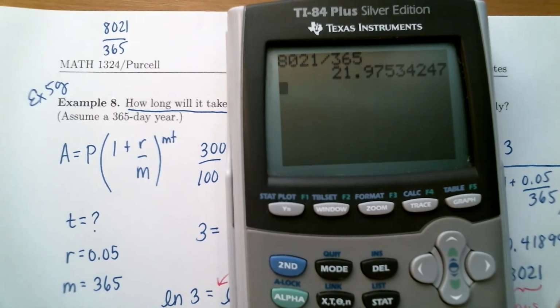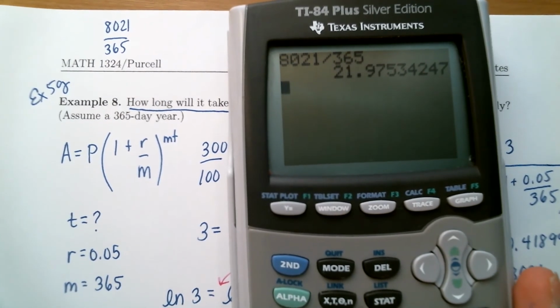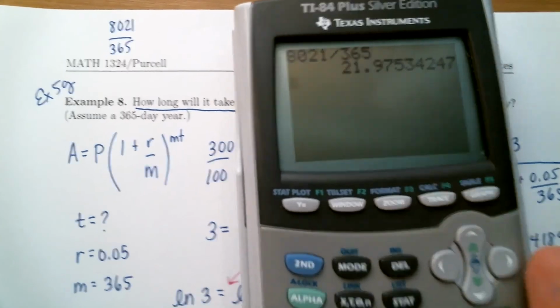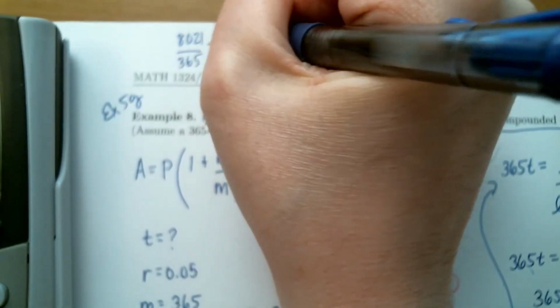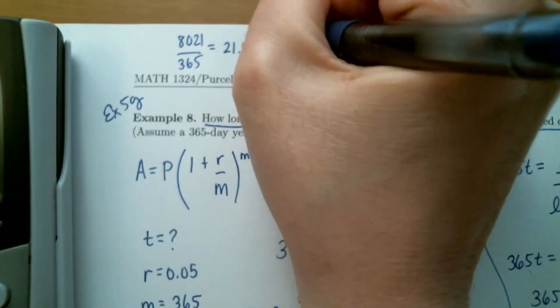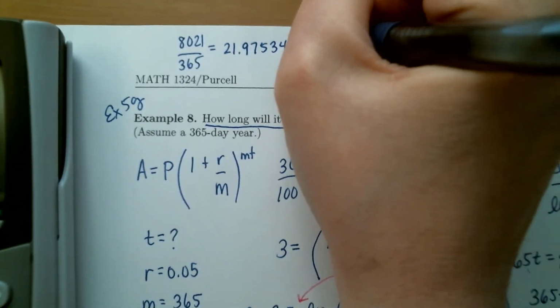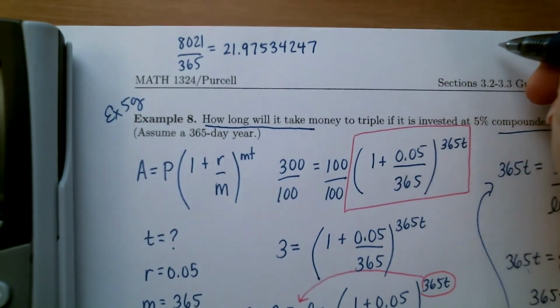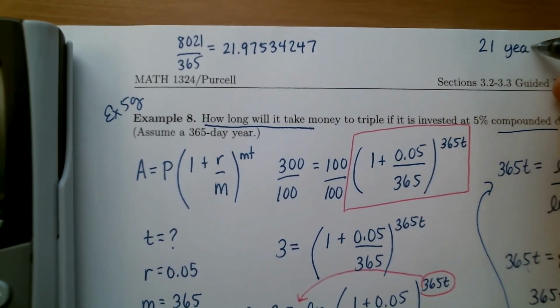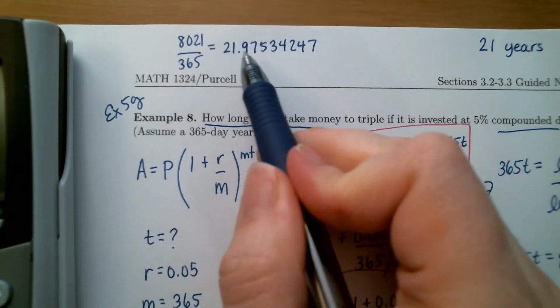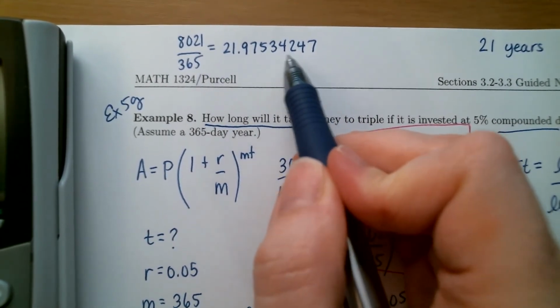But we're going to be specific here and write it as years and leftover days. So I'm going to put this decimal on here just for your records. This is what I get if I do the division. This is indicating so far that we've got 21 whole years, but this decimal part we've got to convert to leftover days.